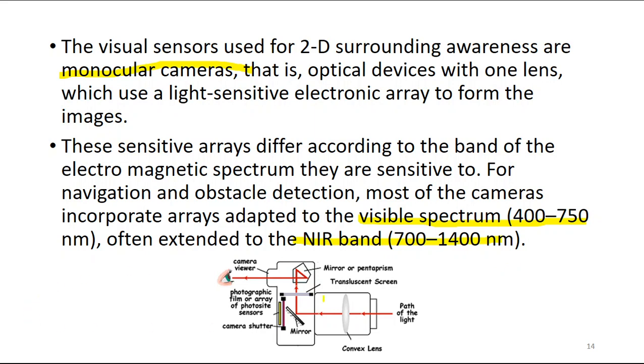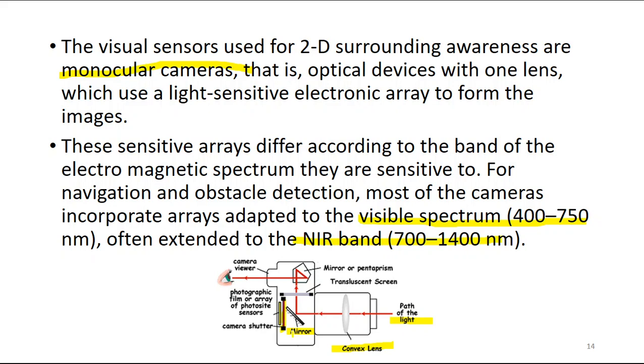Here, this picture shows the structure of a camera. You can see the light is going from this direction, and it enters through the lens and goes to a mirror. This mirror can be controlled, of course, with a shutter here.